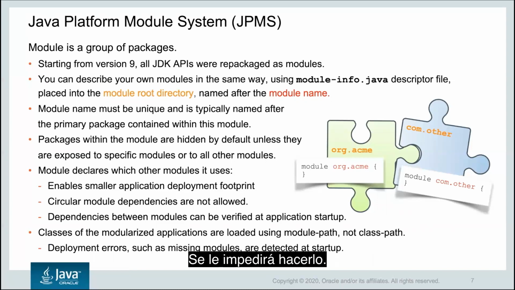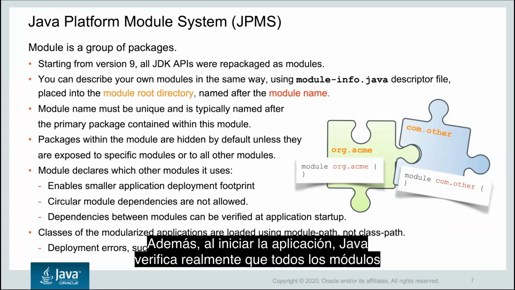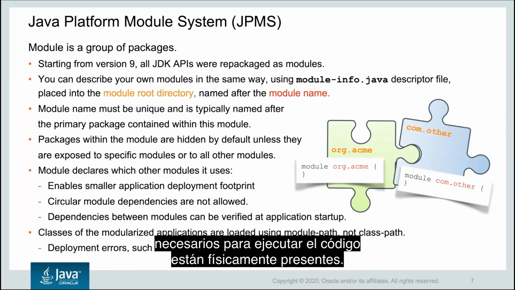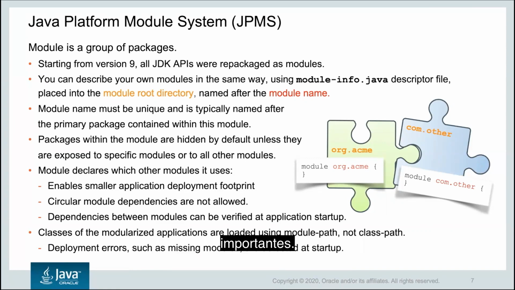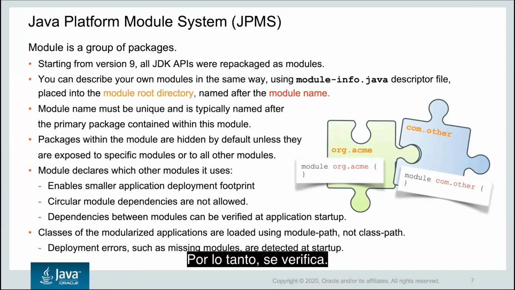And also, when you start the application, Java actually verifies that all required modules to run your code are physically present. Their presence is verified at startup, which is great. The application won't even run if you're missing important deployment artifacts, right? So that's verified.